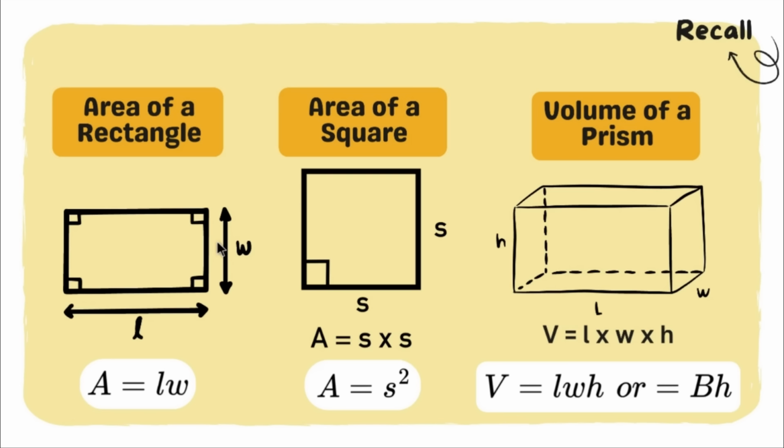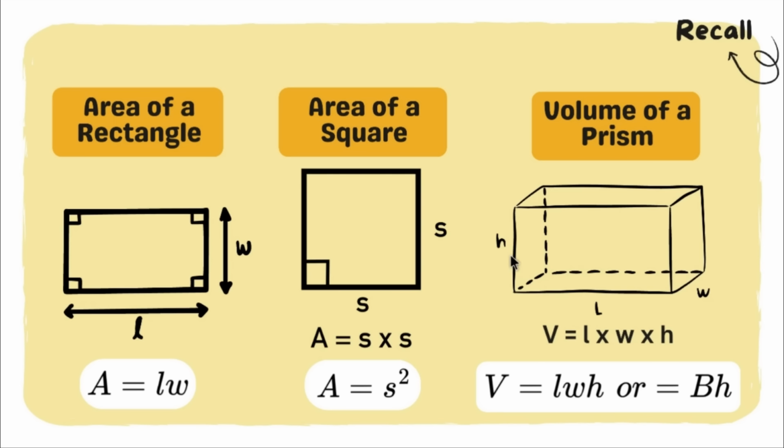Next, we also learned about the area of a rectangle in your early mathematics. So don't forget the formula. Area of a rectangle is equal to length times width. Area of a square is equal to S times S, or S squared. And then we also have here the volume of a prism. Okay, let's review it. Remember, this is already three-dimensional. So we have the length, we have the width, and then we have the height.